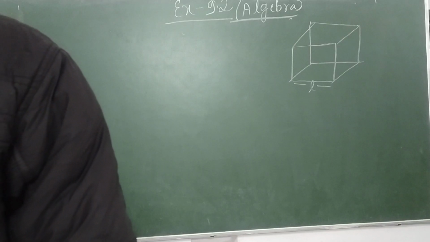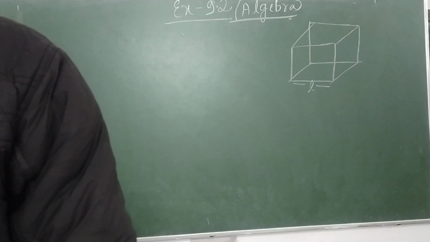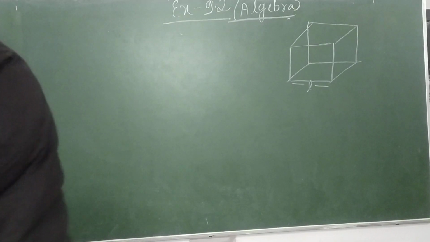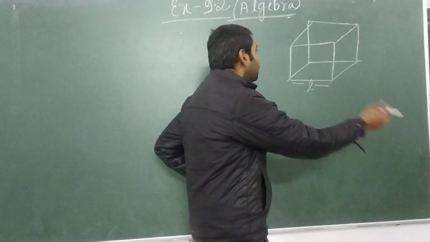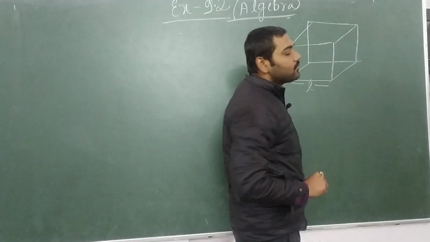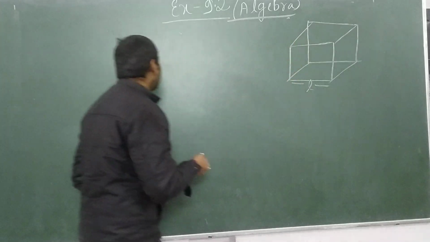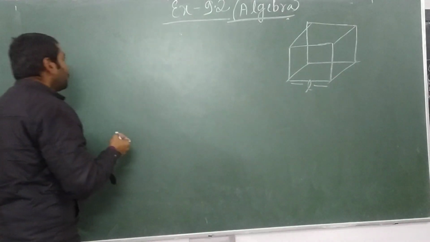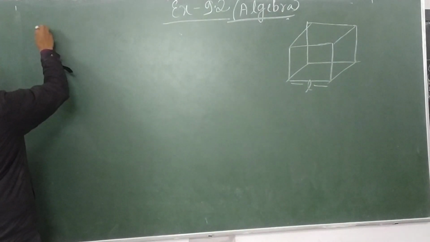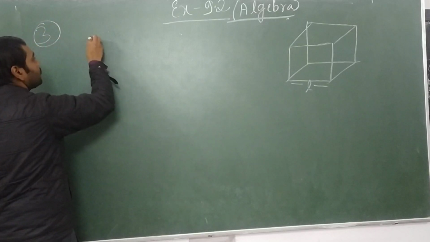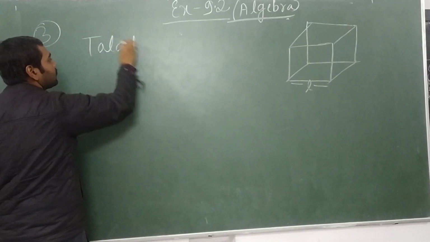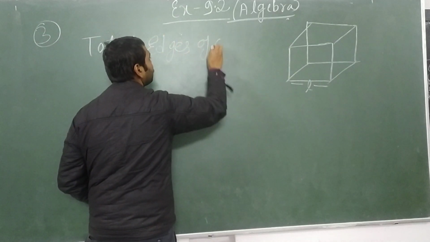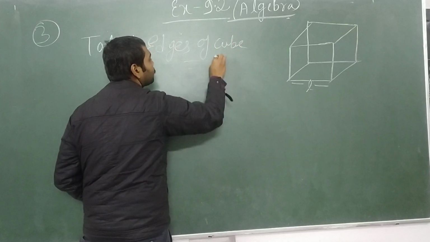So we have to find what? We have to find the perimeter of this cube. So see here, total edges of a cube equals 12.